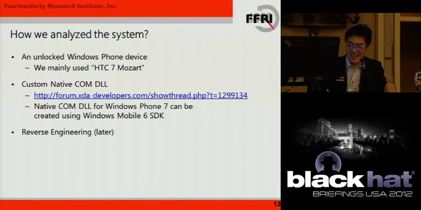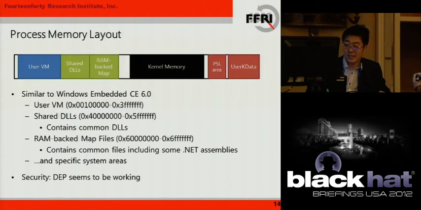So let's get started with process memory. The layout looks very similar to Windows CE 6. There's 1 gigabyte of user VM instead of 2 gigabytes as in normal Windows NT. And shared DLL and mapped file areas are located in higher memory areas.